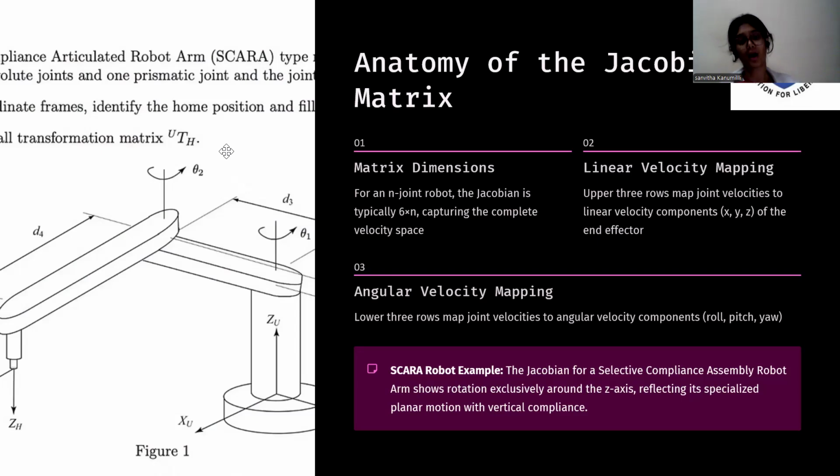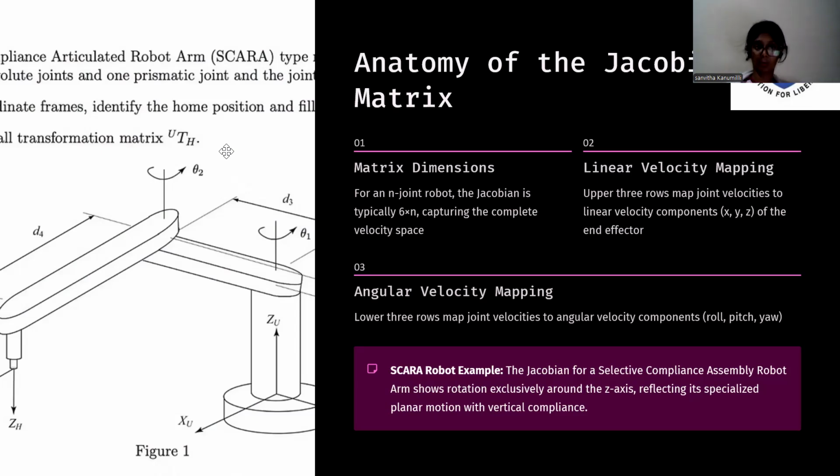Roll, pitch, yaw. A SCARA robot example: the Jacobian for a Selective Compliance Assembly Robot Arm shows rotation exclusively around the z-axis, reflecting its specialized planar motion with vertical compliance.